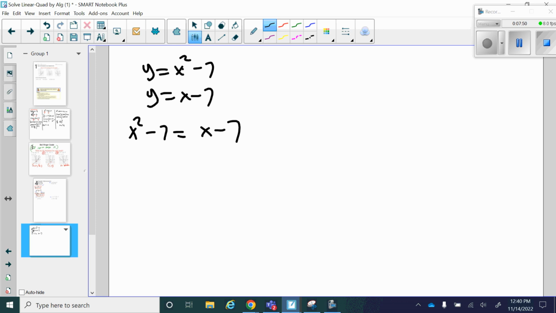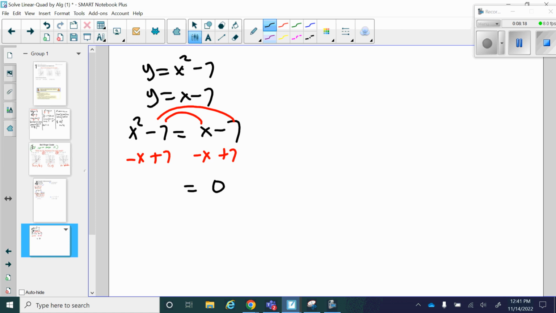And then, remember, to solve a quadratic equation by factoring, it has to be equal to 0. So I'm going to have to move the x and the 7 to the other side. Minus x and a plus 7 cancel. And so minus x and a plus 7 here. And so now the right side is equal to 0.